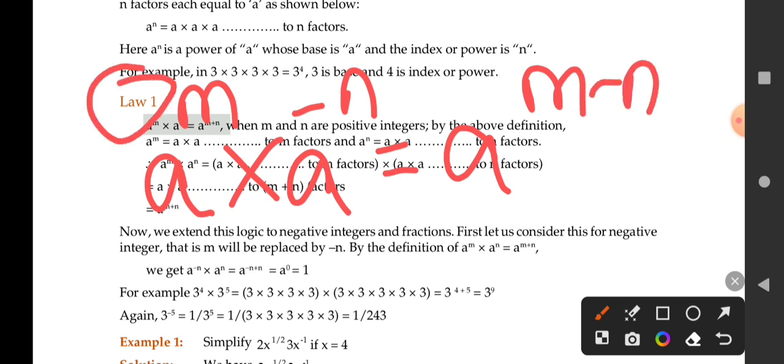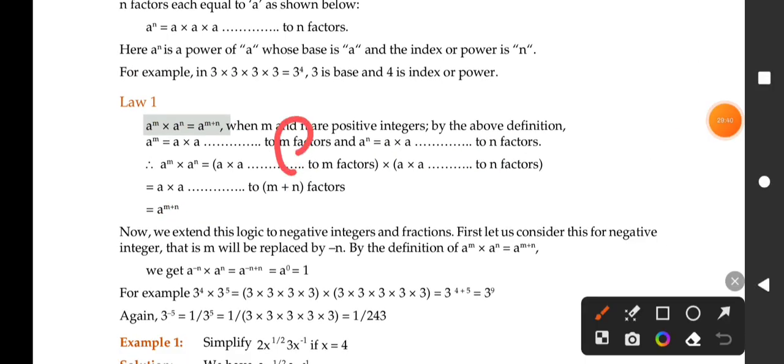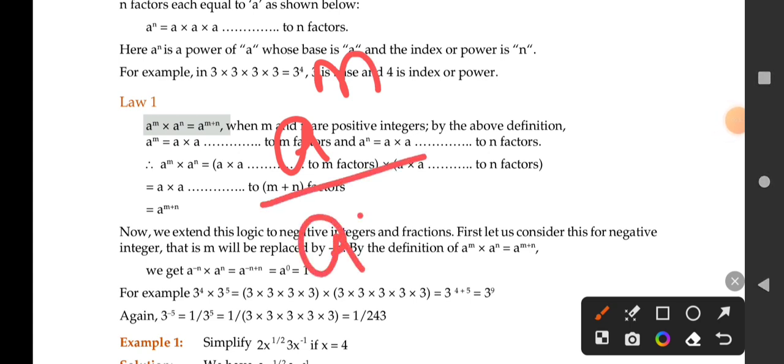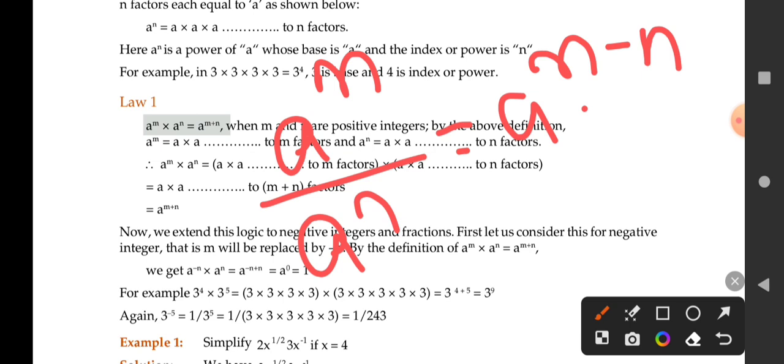It is a simplified form of law 1, but this becomes law 2. And we write law 2 as a power m divided by a power n is a power m minus n.